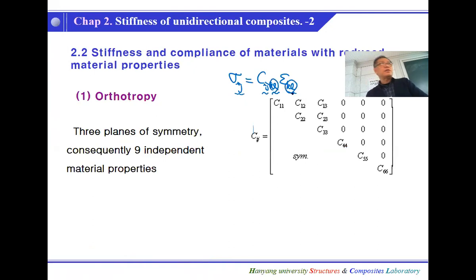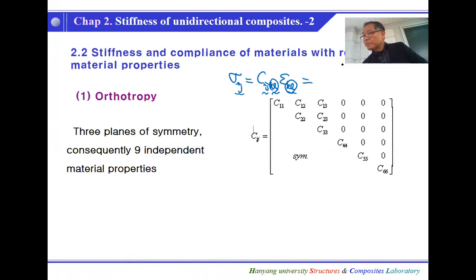Pay attention: ij are free indices, whereas kl are repeated indices. Repeated index means that k equals 1, 2, 3, and l equals 1, 2, 3.